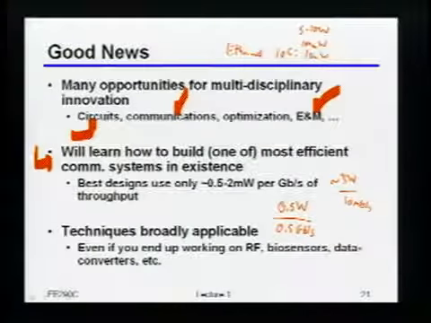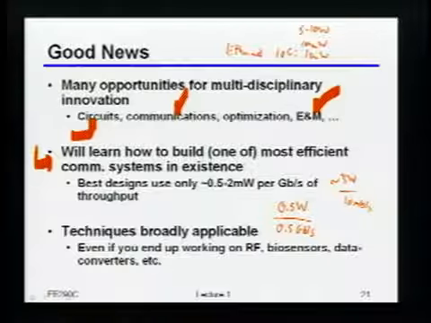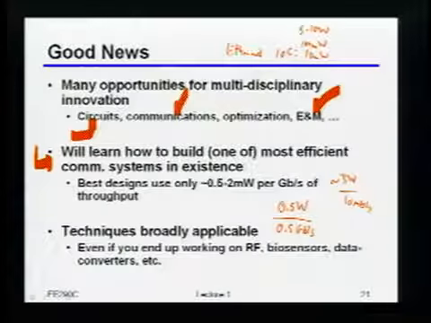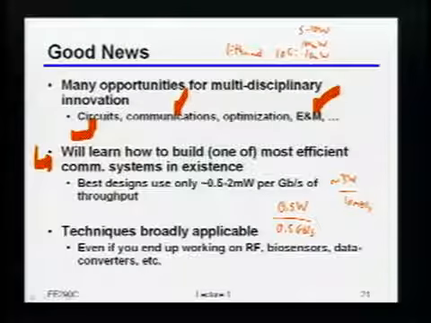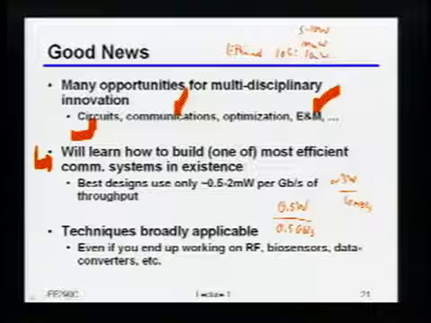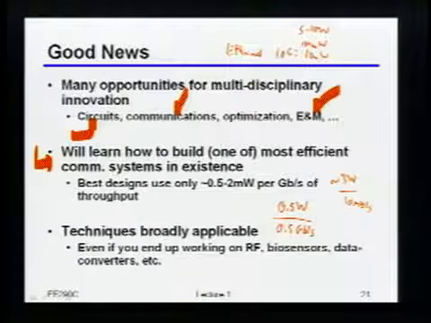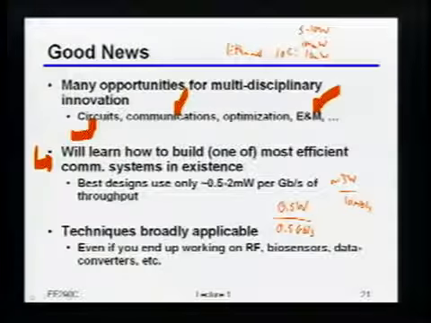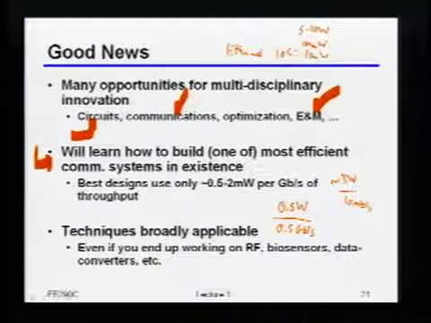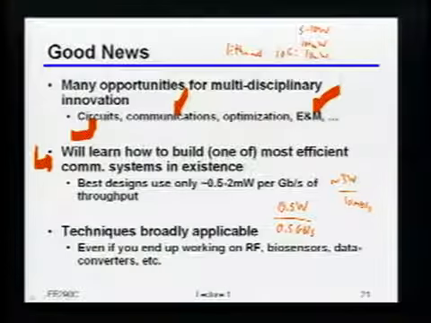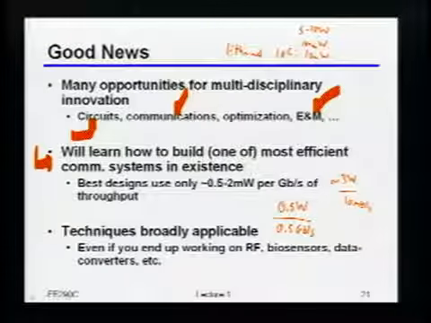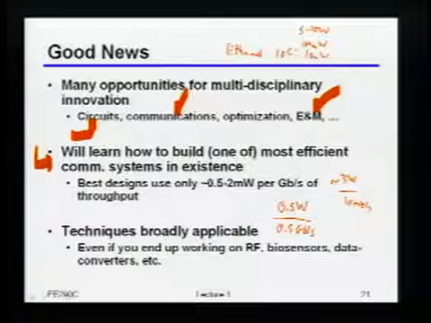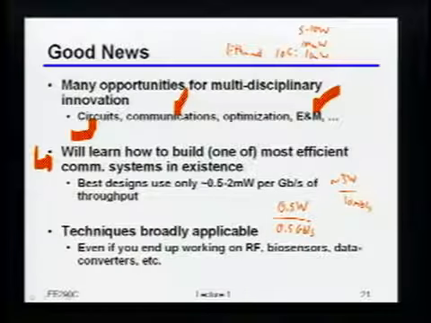Why is it that 10 gig Ethernet is a 5 or 10 watt thing, whereas my link from my processor to my memory, or even on these backplanes, is maybe only 10 to 20 to 100-ish milliwatts? A lot of it, as you'll see as we go on, has to do with complexity, understanding what's going on with your channel, and then optimizing things so that you can get the best energy efficiency you can.